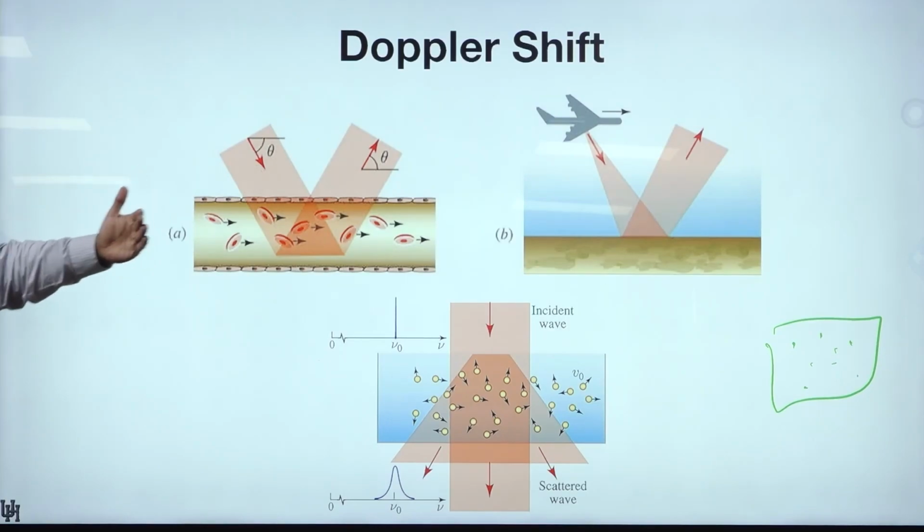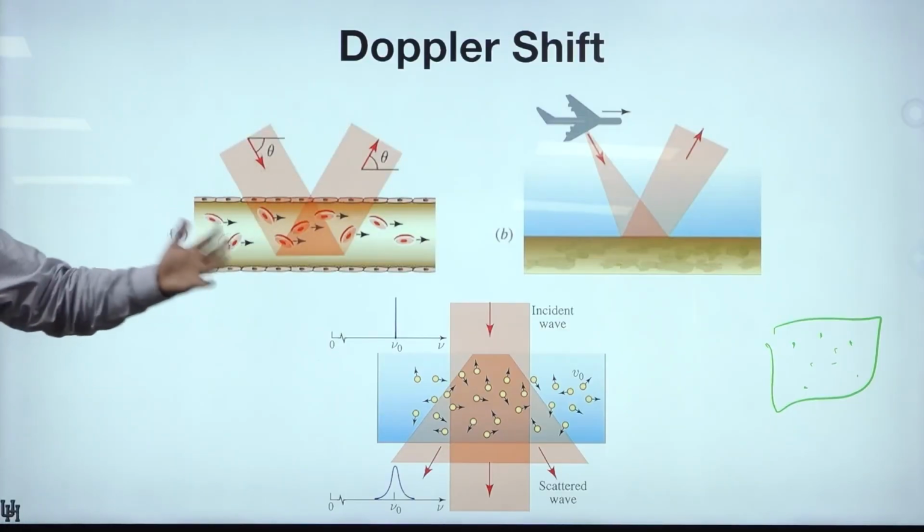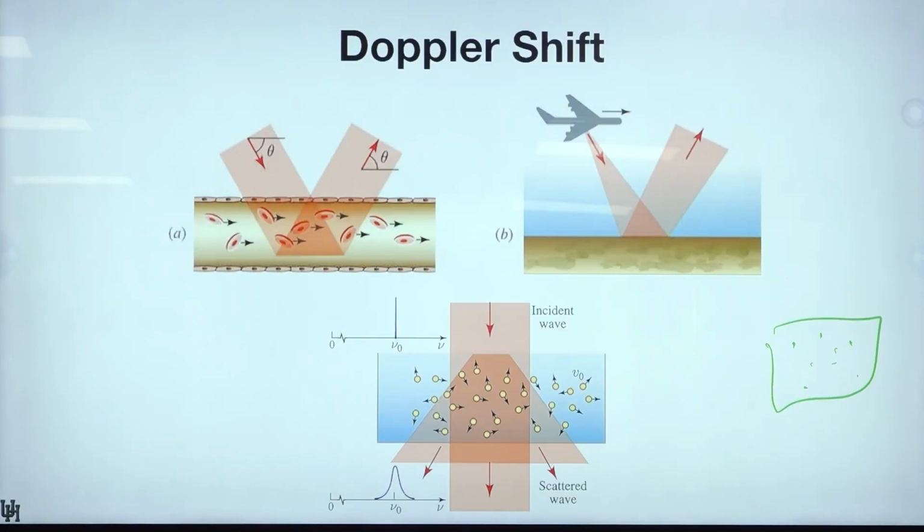If the person is running towards you, the wavelength of the sound you hear becomes shorter in proportion to the speed at which the person is moving. If he is running away from you, then the frequency reduces. This is called the Doppler effect.